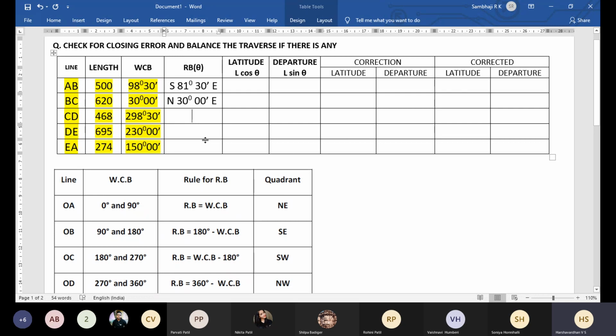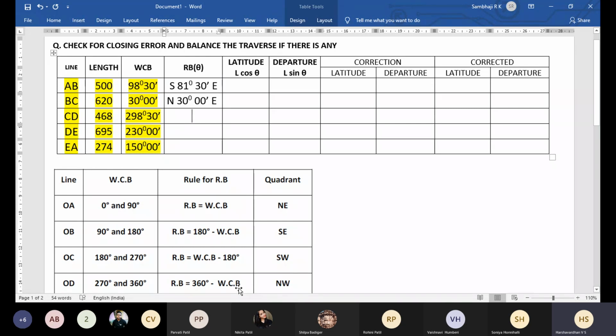Next, the whole circle bearing is 298 degrees 30 minutes. It lies between 270 and 360, so that is the northwest quadrant, the last quadrant.